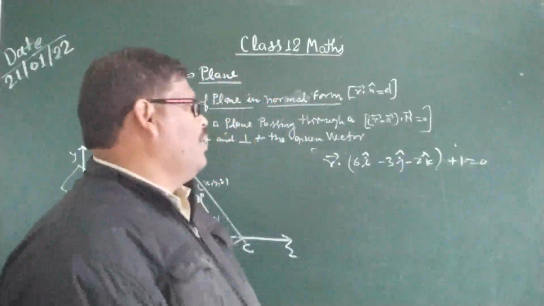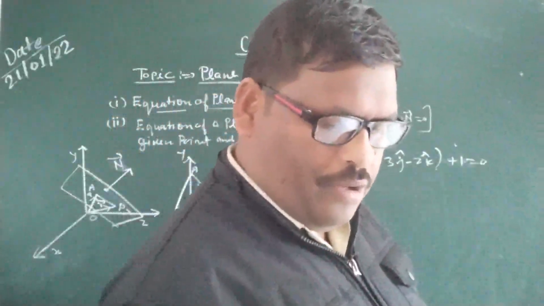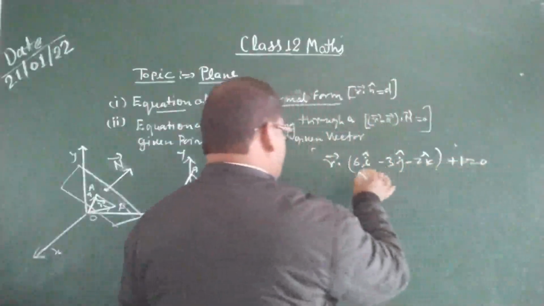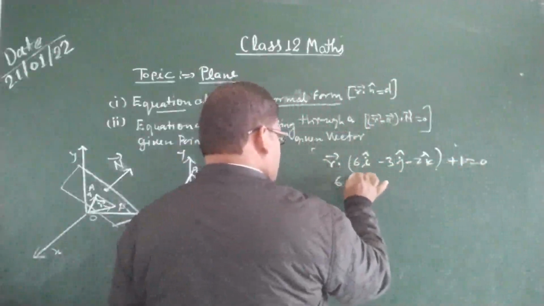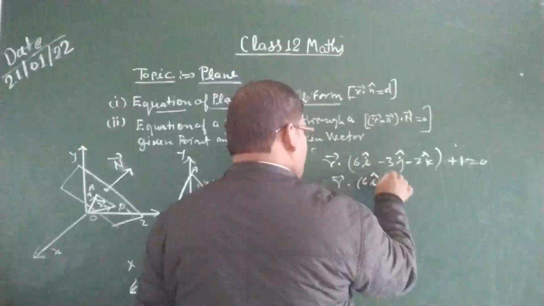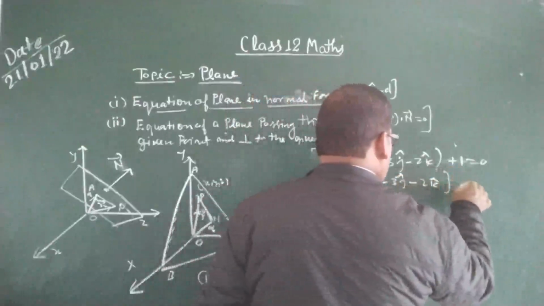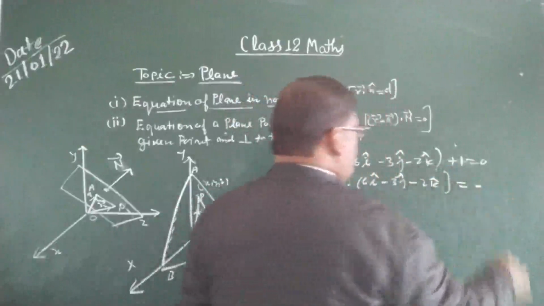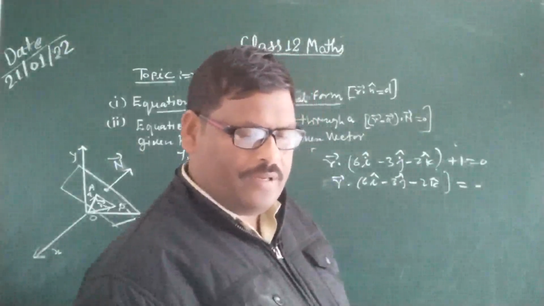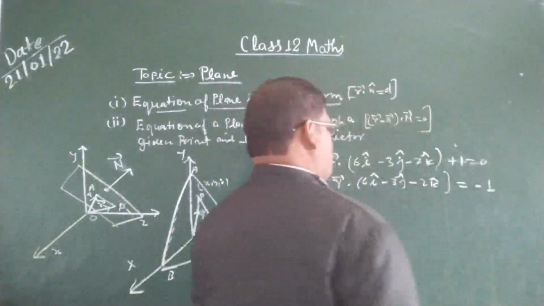Now equating to r dot n cap is equal to d on both sides, we get r dot (6i cap minus 3j cap minus 2k cap) is equal to 0 minus something, so that will be minus 1.